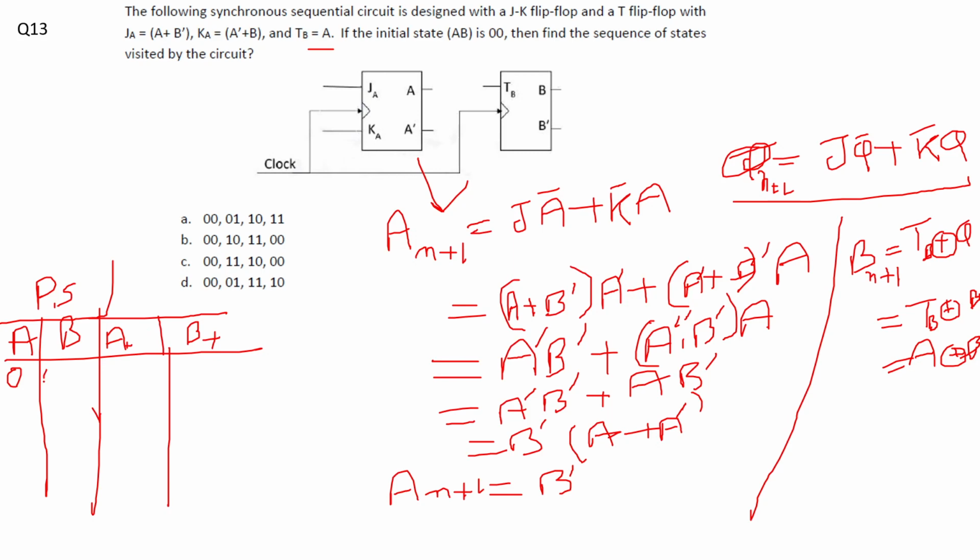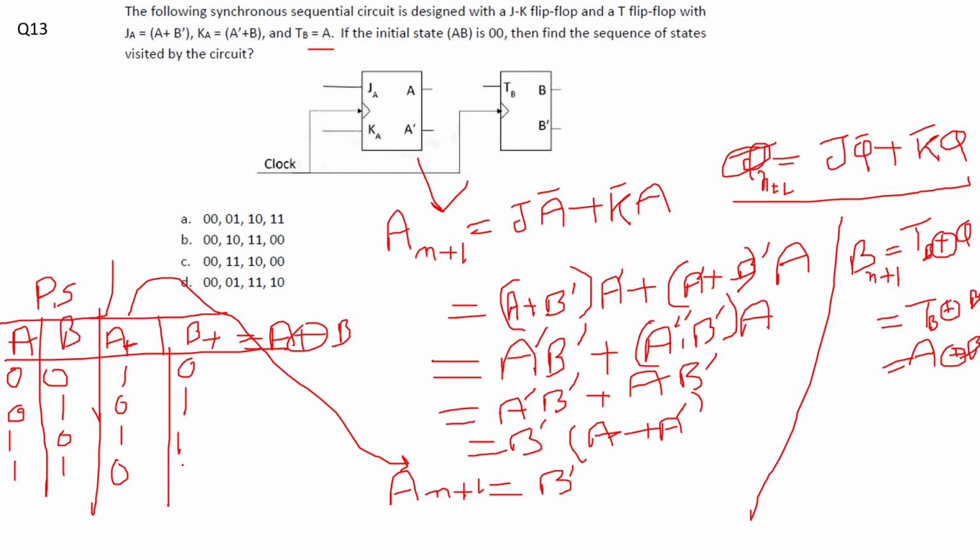So it's 00, 01, 10, 11. A plus is equal to B complement, so it will be 1 0 1 0, and B plus is equal to A XOR with B, so A XOR with B will be 0 1 1 0.